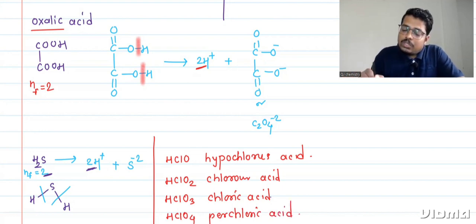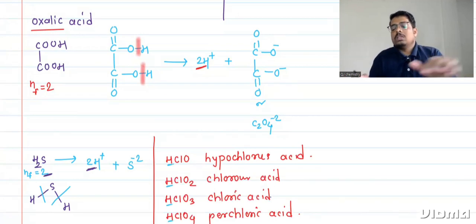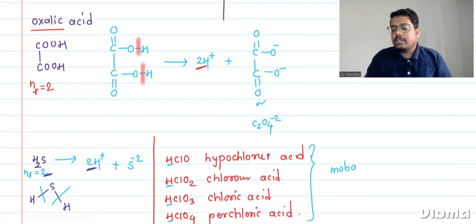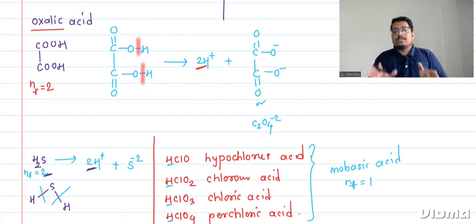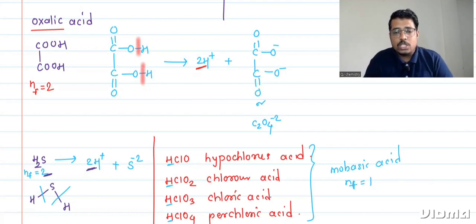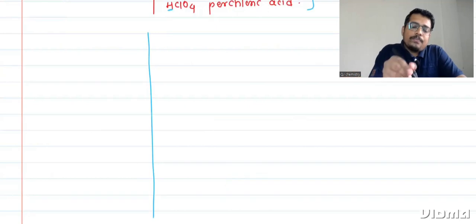So here, due to the presence of only one hydrogen atom, all these four acids are monobasic acids. N factor is equal to 1, because these acids on dissociation give only one H+ ion per molecule. Next example is phosphoric acid.